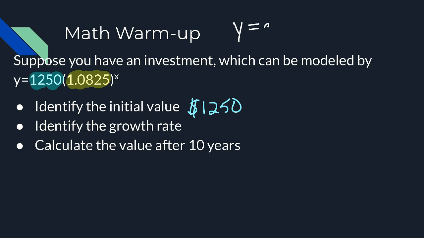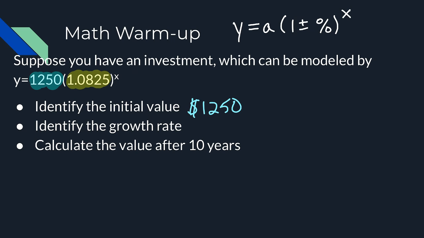Y equals the initial value times 1 plus or minus the percent, which is the growth factor. So if you have exponential growth, then this is addition. If you have exponential decay, then it's subtraction, and then it's raised to the x power.